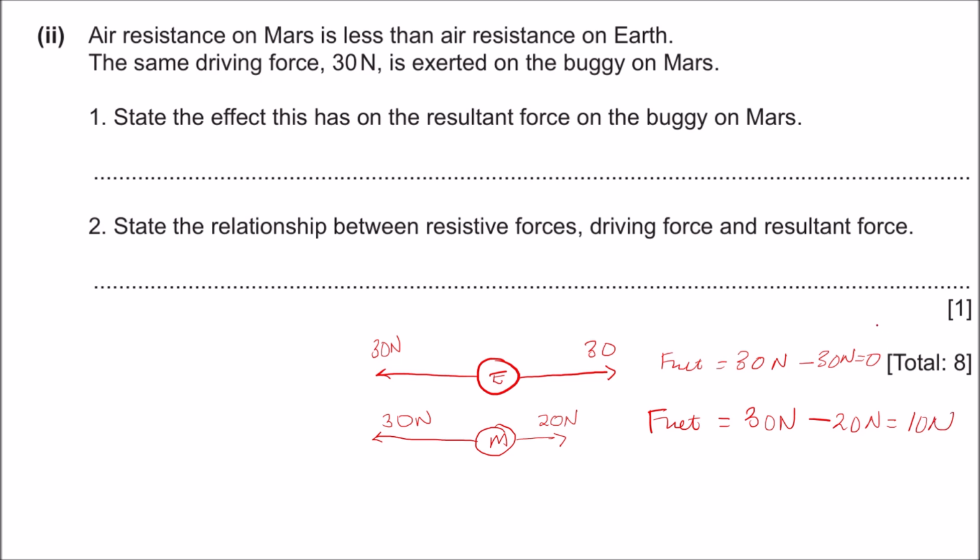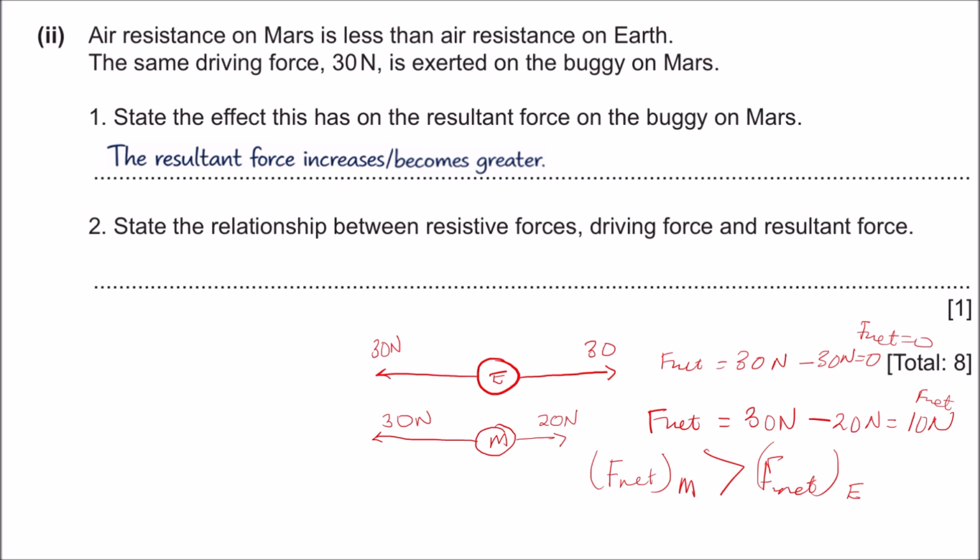So on Earth, the net force is 0. On Mars, the net force is bigger than 0. So the net force on Mars is greater than the net force on Earth. In other words, we can actually say the effect causes the net force or the resultant force to increase. So the ideal answer was the resultant force increases or it becomes greater.